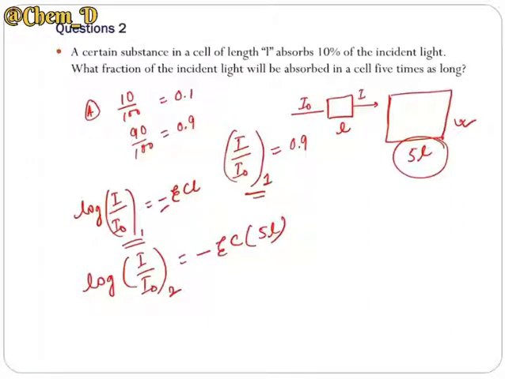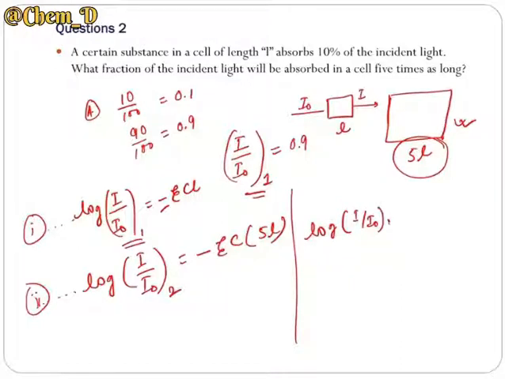Suppose this is equation 1 and this is equation 2. Now we will divide them: log I by I0 for 1 by log I by I0 for 2 is equal to 1 by 5. Minus EC will be cancelled, and L will be also cancelled, so 1 by 5.